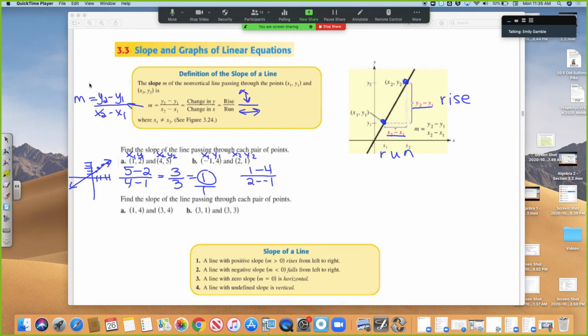Be careful when you're subtracting negatives because you don't want to make a mistake and just leave it as 2 minus 1. 2 minus negative 1 really will be 2 plus 1. So when I simplify this, 1 minus 4 is negative 3. 2 plus 1 is 3. This slope is actually negative 1. So slopes can be positive, they can be negative, and there are 2 other things it can be as well.